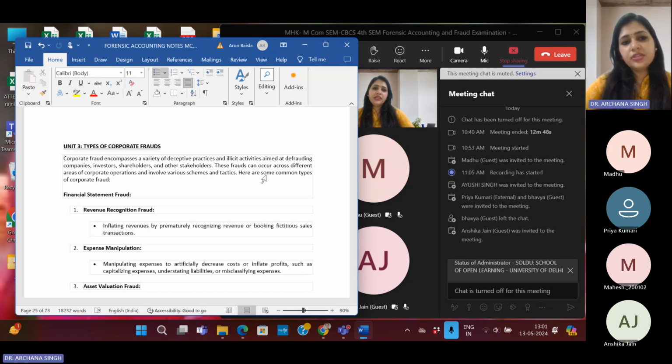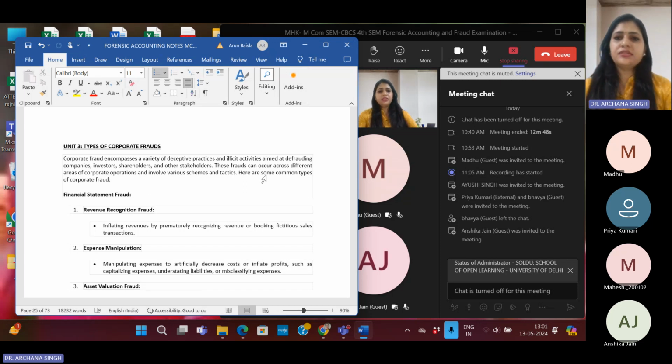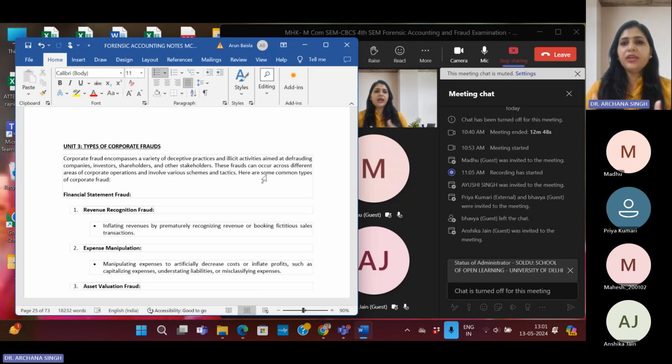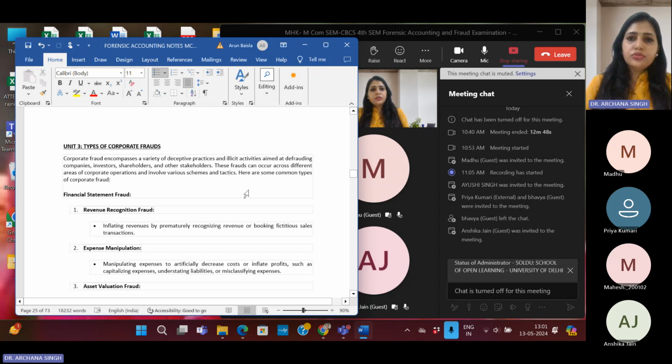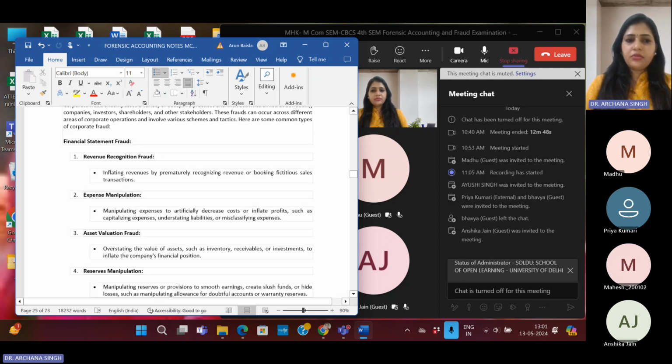First is financial statement fraud. Financial statement fraud, as I already said, includes manipulating the records related to financial statements. Manipulating them, showing wrong amounts, omitting things either by mistake or intentionally. So it includes revenue recognition fraud.